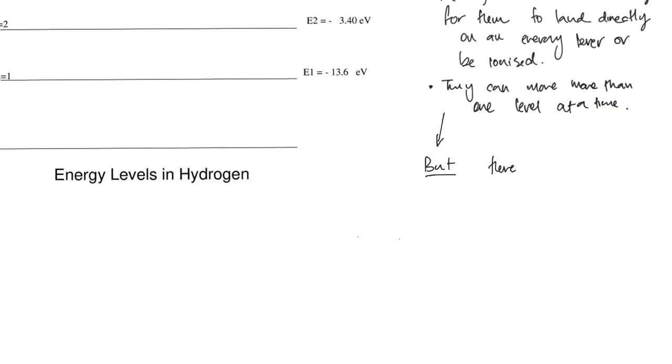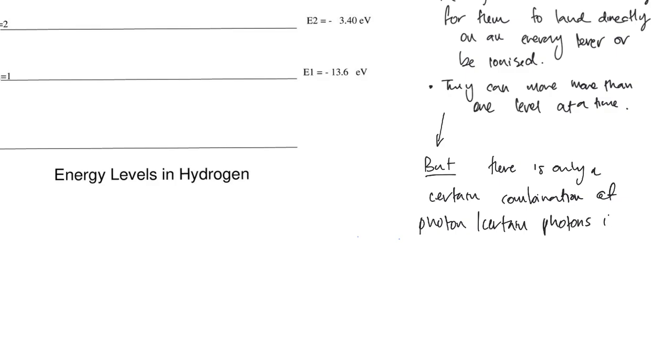There is only a certain combination of photons it can release. This is talking about each atom. So that means that each photon will give off a different color.